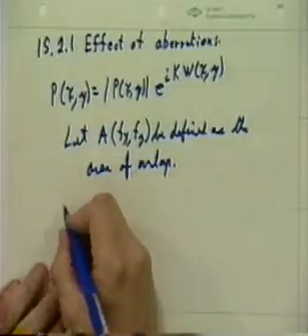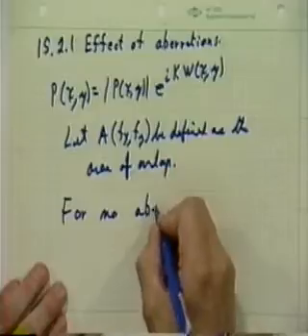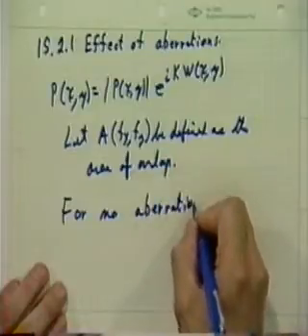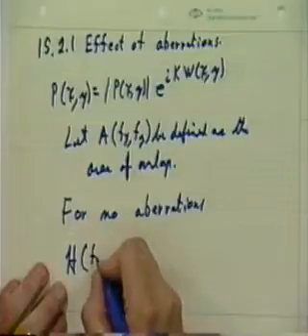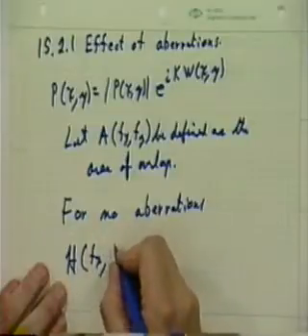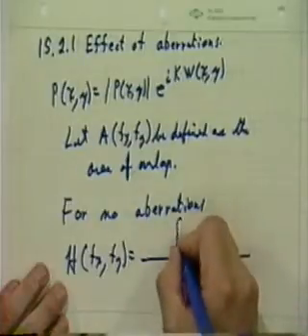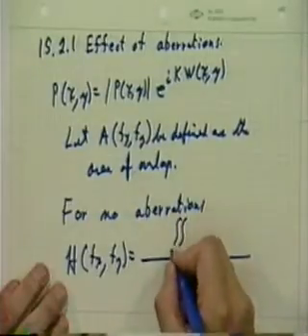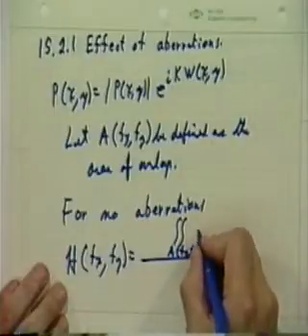And so if we had no aberrations, H, the incoherent transfer function, would be equal to the integral over A, the area of overlap, dx dy.